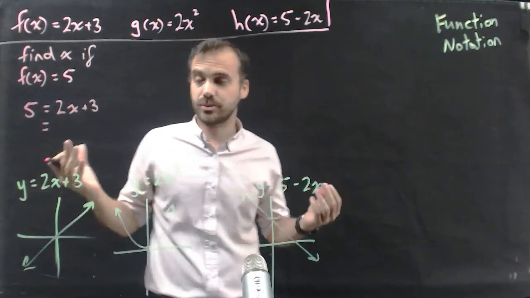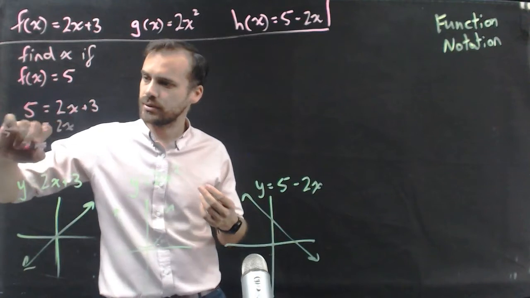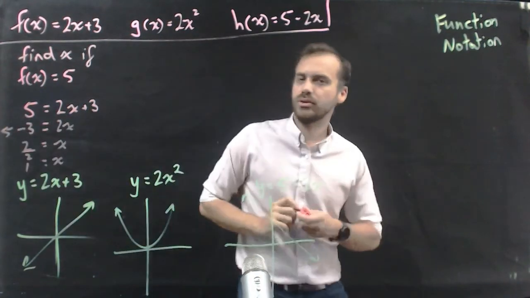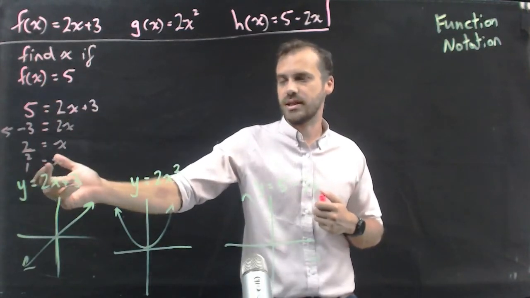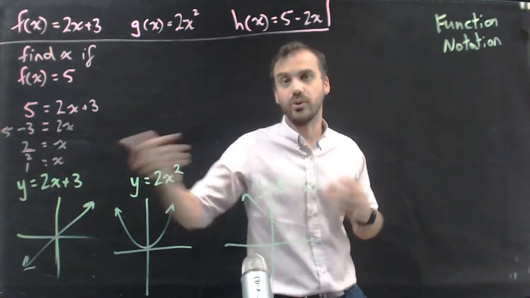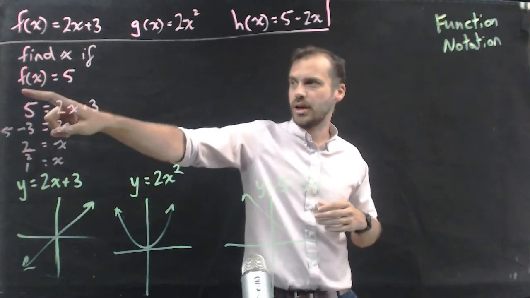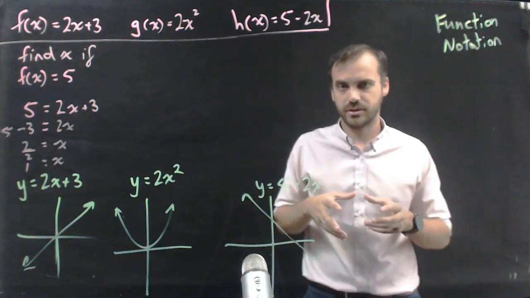And then you do your algebra as you would normally. It looks like if f of x is equal to 5, then x is equal to 1. So if you want to substitute any number for y, or for the function, this is what it's going to look like. F of x is equal to 5, now we can find x using that information.